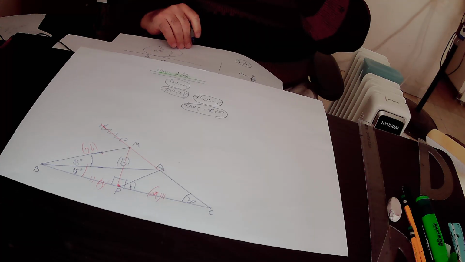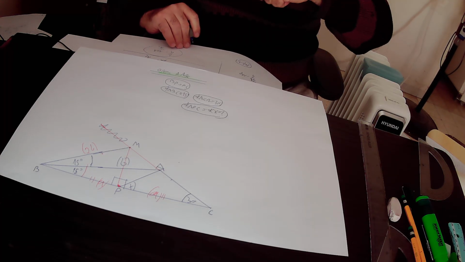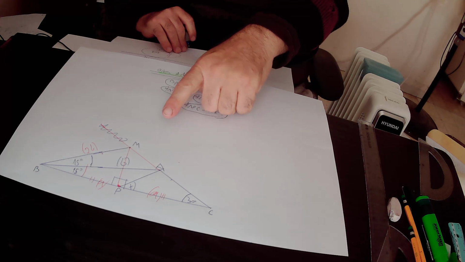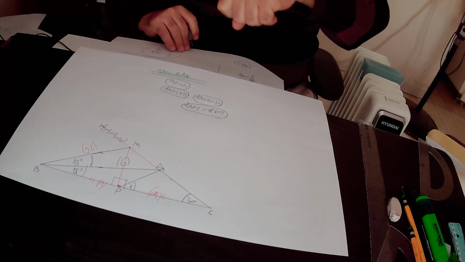In other words, we can say that the right triangle MPC has been divided proportionally by line segment AP.